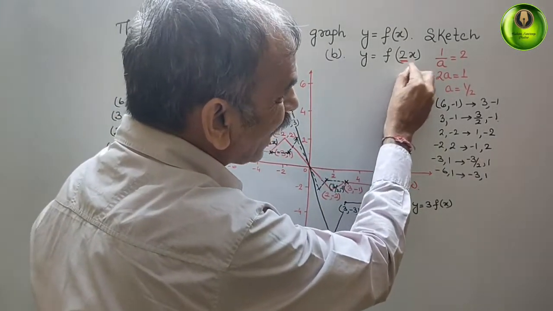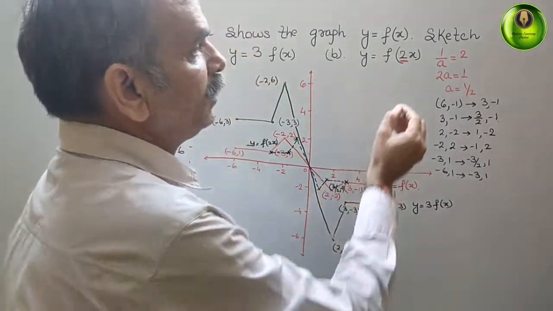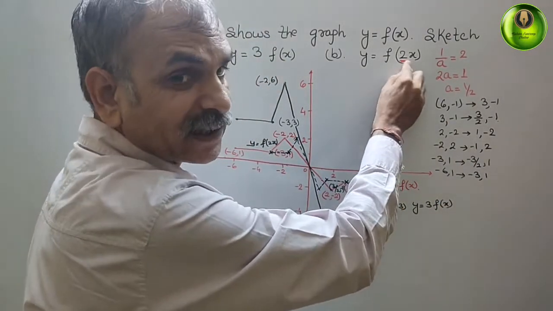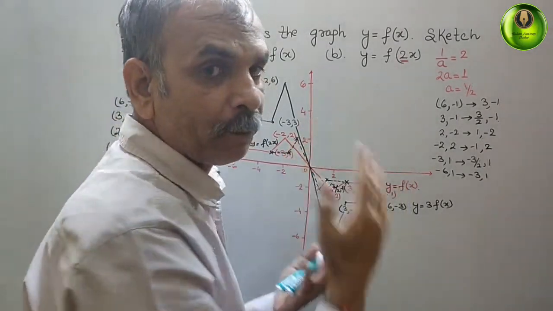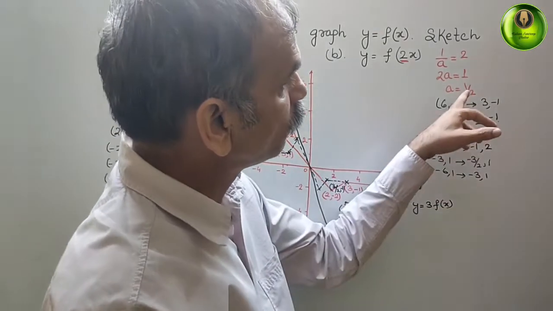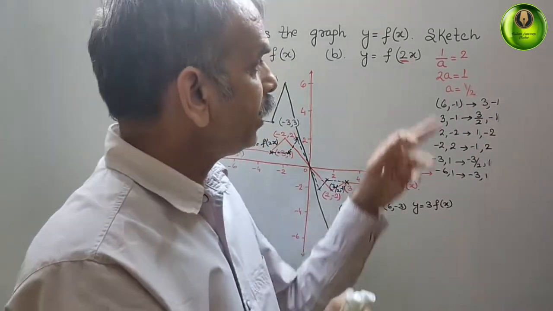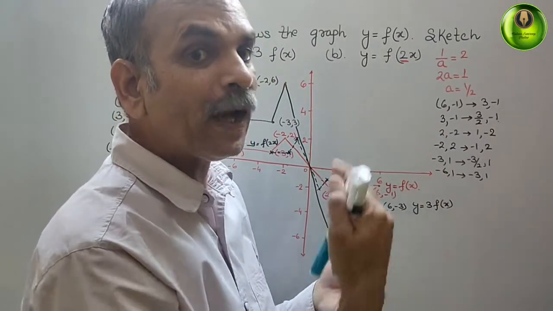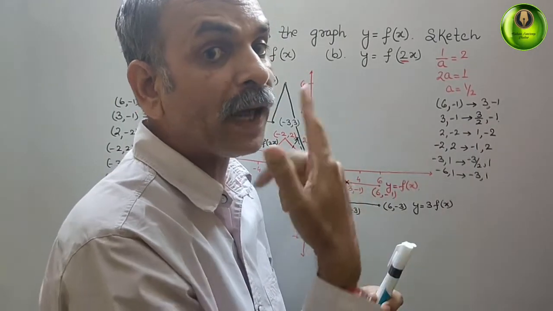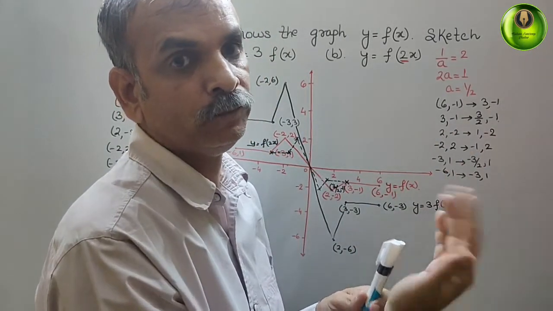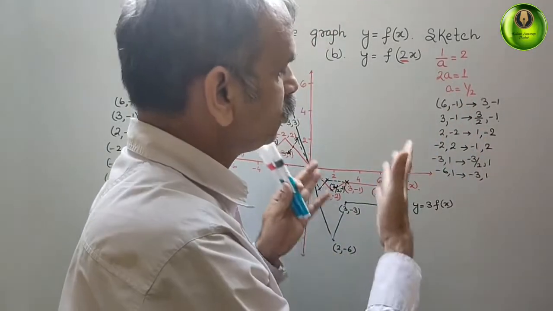Whenever they give you something like 2x inside, we take the stretch factor as 1 by a, the reciprocal. If they have given 1 by 2x or x by 2, we have to multiply by the reciprocal of that. Keep that in mind and you will get your answer.